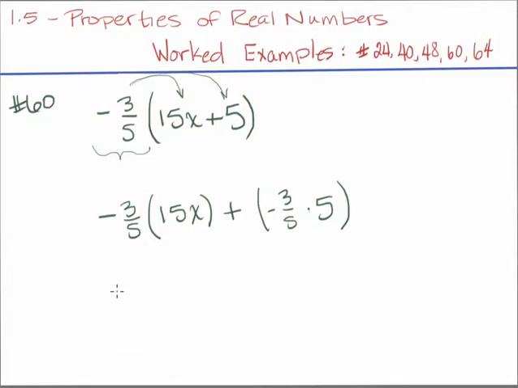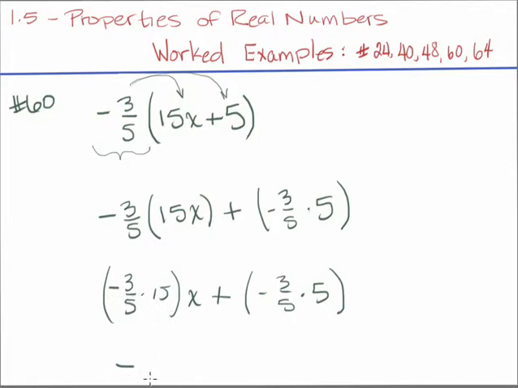Let's back up a couple of steps and take a different look at the multiplication with fractions. I still need to reassociate these numbers, so I'm going to have negative 3/5 times 15 times x and negative 3/5 times 5. Here, a negative times a positive is going to be negative.